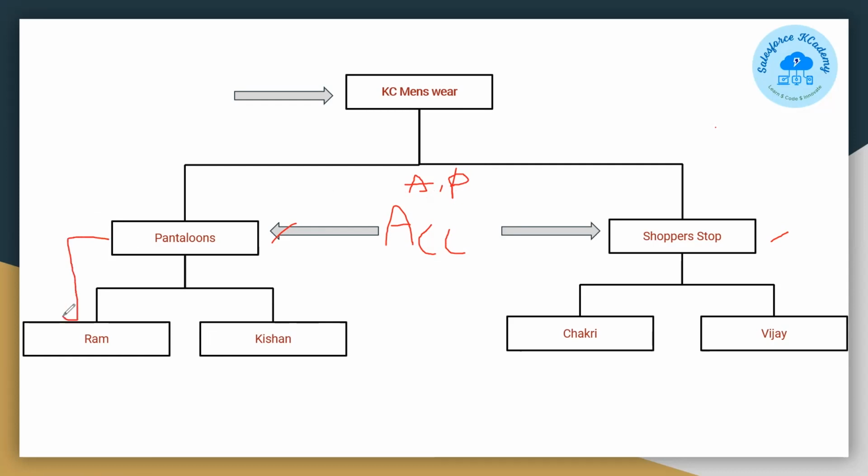Suppose, for example, here I'm considering Pantaloons as an account with whom we are doing the business. Then Ram and Kishan are the points of contact for us to reach out to do business with Pantaloons. In the same way, there will be another account or company with whom we are doing business, and there will be different points of contact for us.